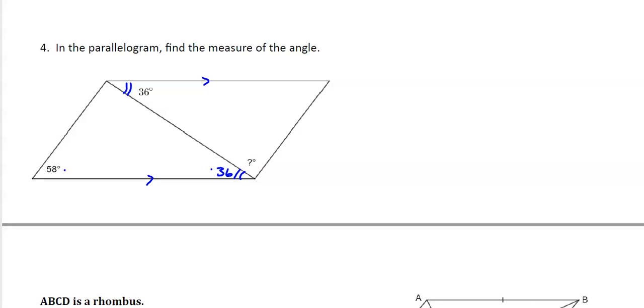I also know that if this angle over here is 58, this one up here has to be 58. So I can use the triangle sum. Adding up what I have, right now I have 94 degrees. Subtracting that from 180 should give me, I believe, 86 degrees. There we go.